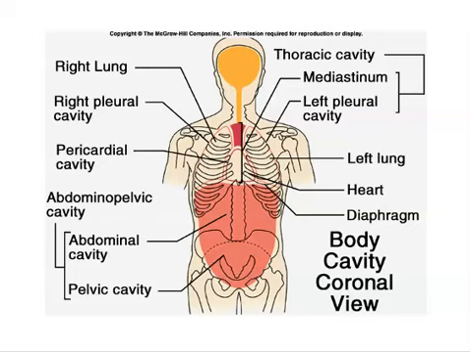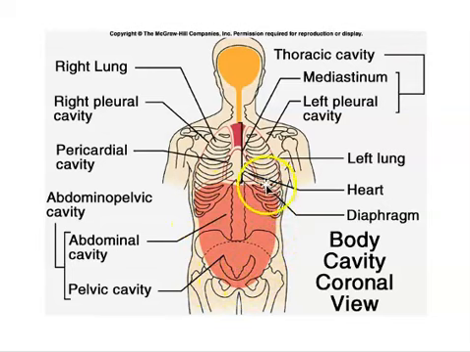On this slide, we're looking at a drawing that combines a lot of what we've talked about so far. We're looking at a human being standing upright and facing us. We can see the cranial cavity and the upper portion of the vertebral cavity. We can see an outline of the abdominopelvic cavity.